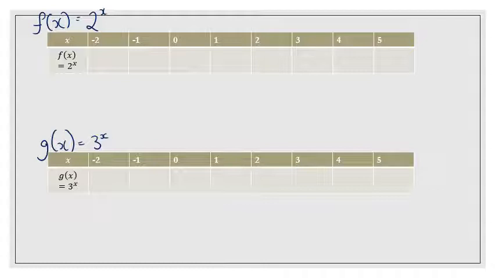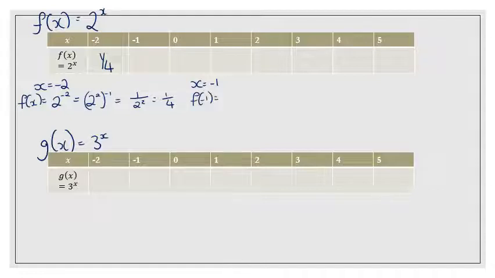So to start off with, x equals minus 2. If I sub that into the function f of x, that gives me 2 to the power of minus 2. From our index laws, we know that is the same as 1 over 2 squared, and the minus sign gives us a reciprocal, so we end up with 1/4. The next one, x equals minus 1. That means f of minus 1 is 2 to the power of minus 1, which is a half.